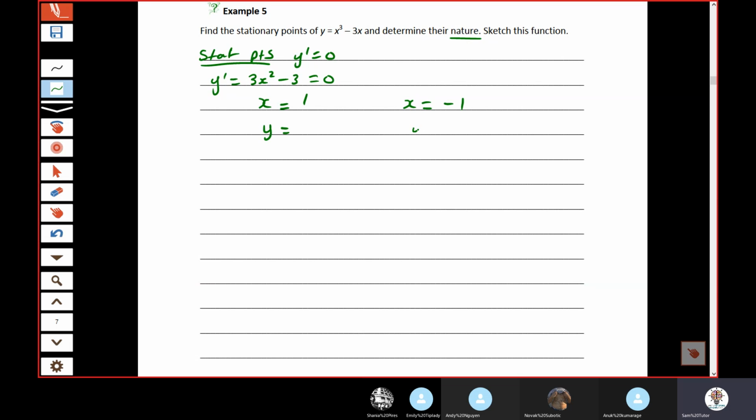Good work. y equals 1 take away 3, negative 2, and negative 1 plus 3, 2. You're checking it, right? Done. 2 marks. Now we need nature.